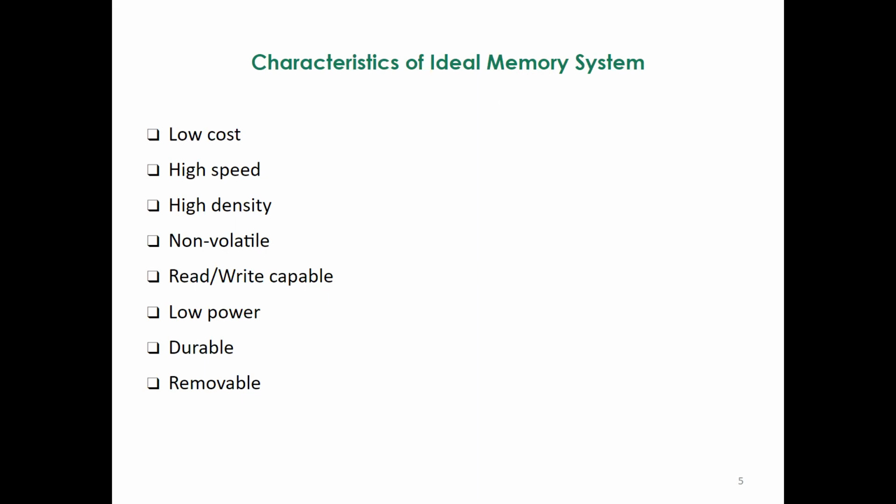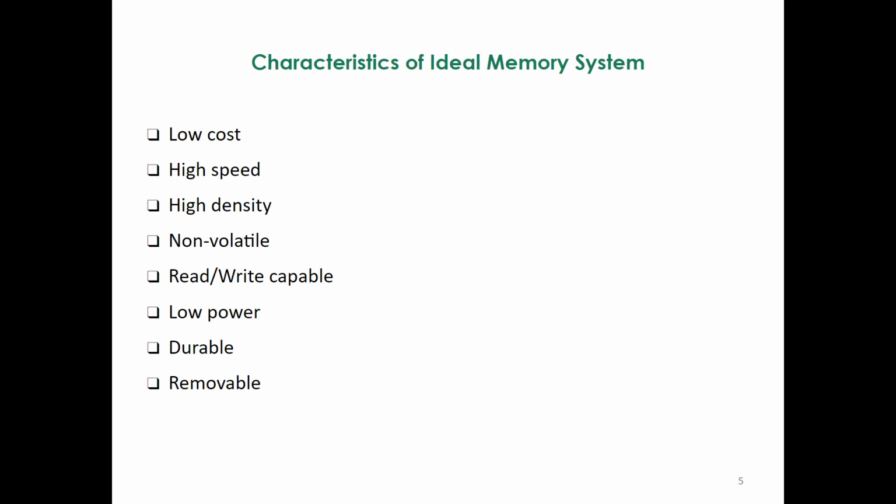Don't want to have a big chip to get large capacity. Non-volatile, meaning it can persist, meaning store permanently what we write to it. It can support reads and writes, and it's not power hungry.